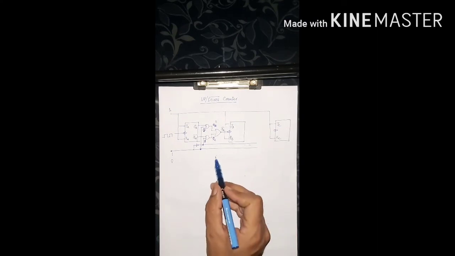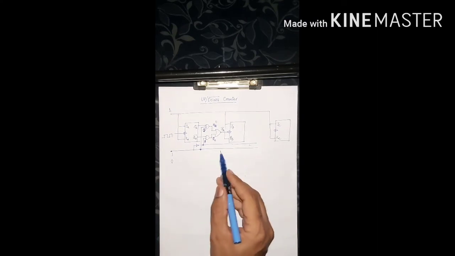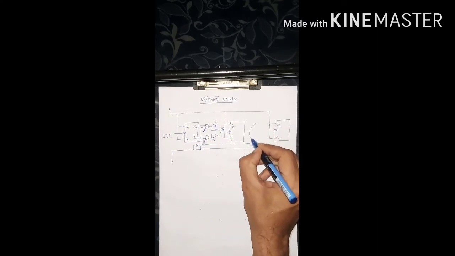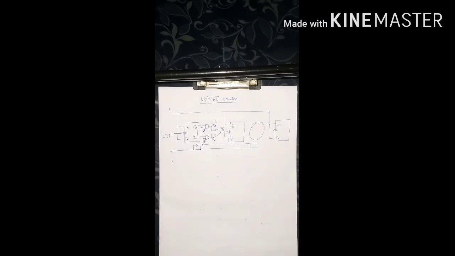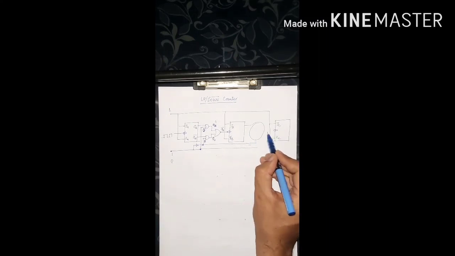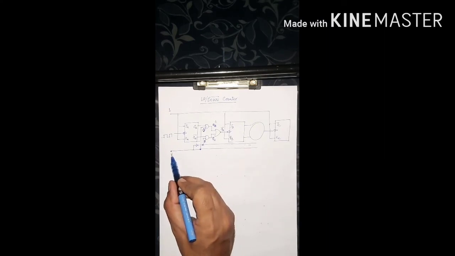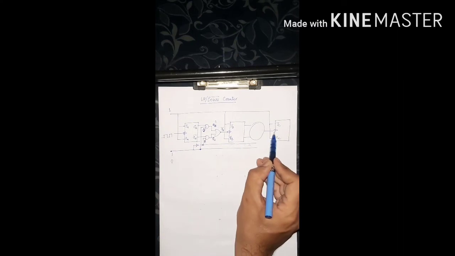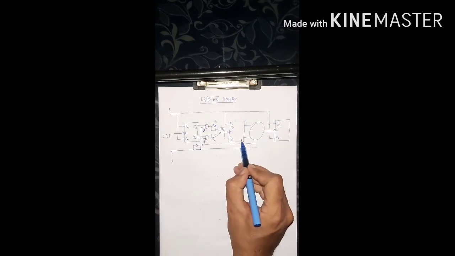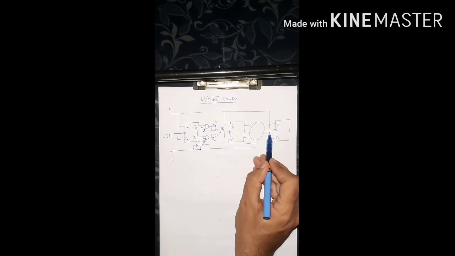If you want to complete this circuit, the same circuitry is introduced here also. So the same signal, 1 will make this signal reach here, and 0 will make this signal reach here, right?